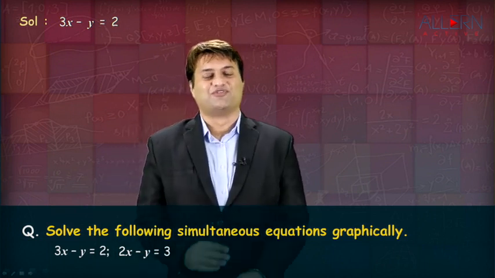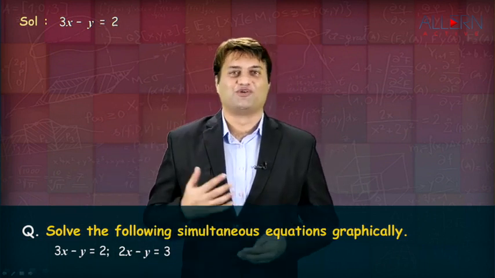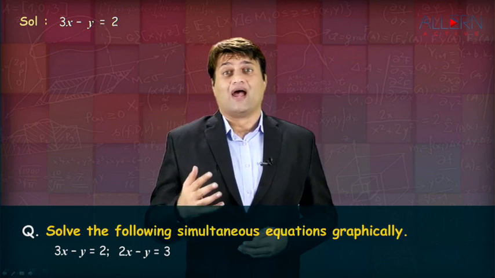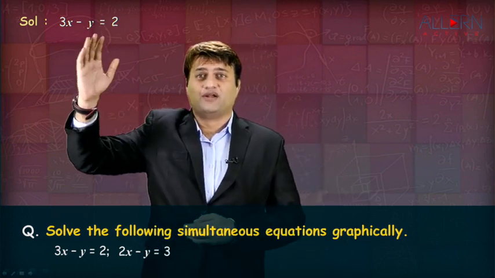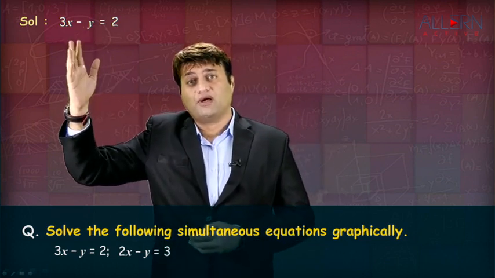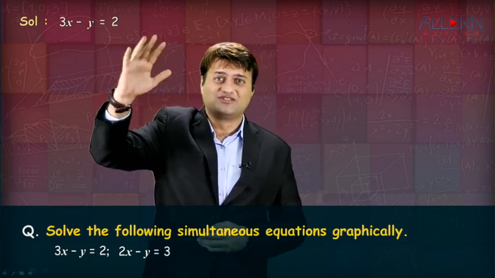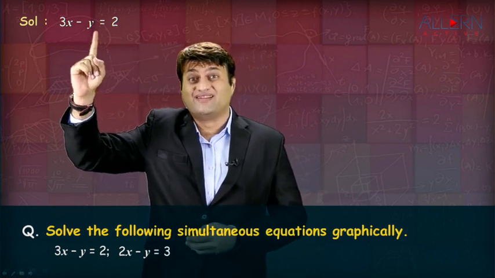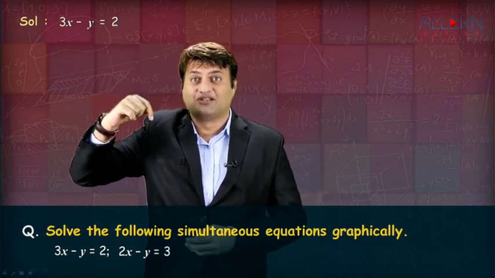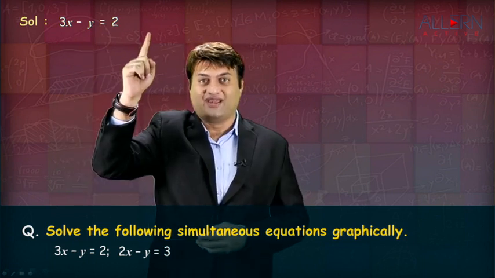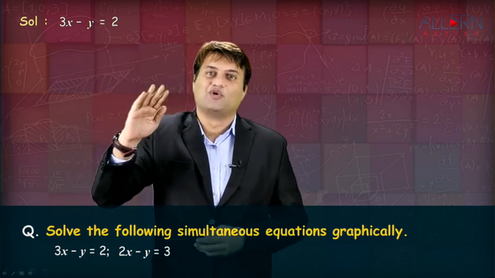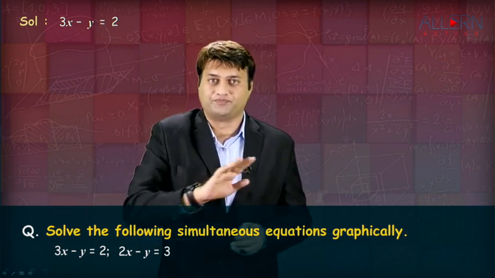Let's rearrange it in the form of either x is equal to something or y is equal to something. As I have told you, it is always better to shift the variable with the bigger coefficient to the other side towards the constant, but here again there is this minus y. So, if minus y is equal to 2 minus 3x, then y is equal to 3x minus 2, right?